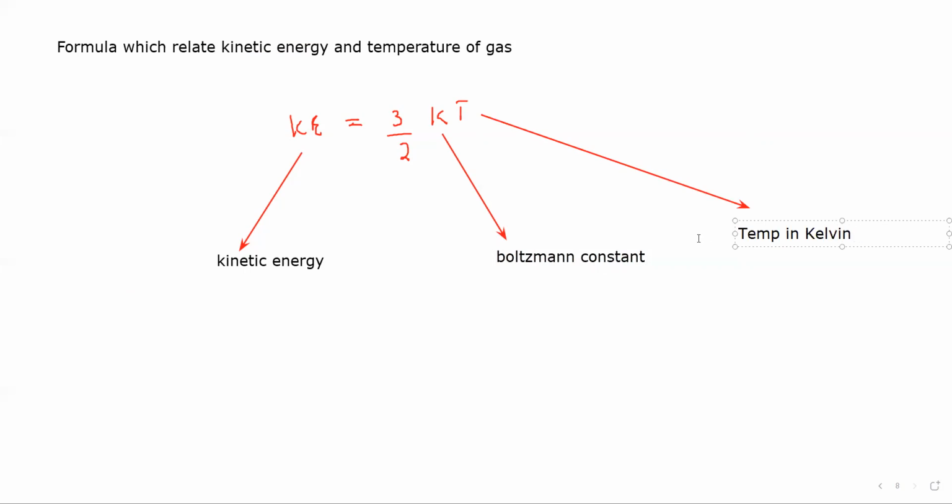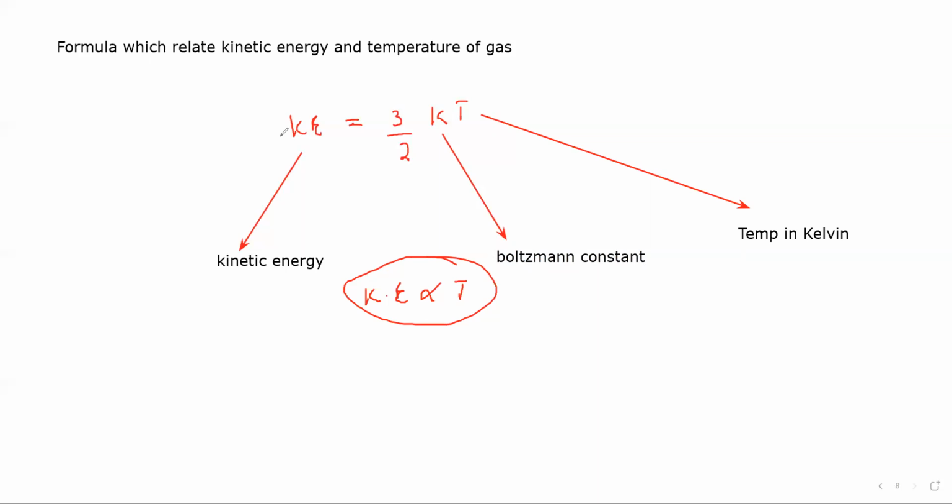This formula shows that kinetic energy and temperature are directly proportional, because 3 by 2 is a constant number and k is constant. So if I replace the equal sign with the proportionality sign, kinetic energy is proportional to temperature.